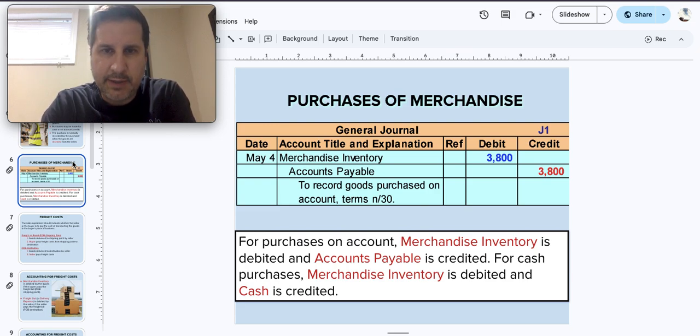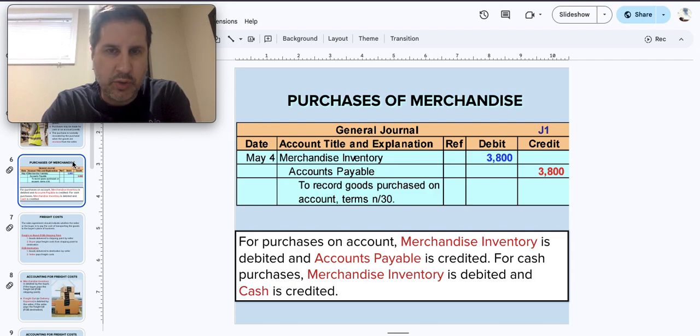In this case, a company bought merchandise for $3,800 on accounts payable. So we have a new balance sheet account called merchandise inventory. It will be the most active account we have next to our cash account. So we're going to debit that just like we do our regular assets, and then we are going to credit accounts payable. If we paid cash for our inventory, then we would just credit cash.